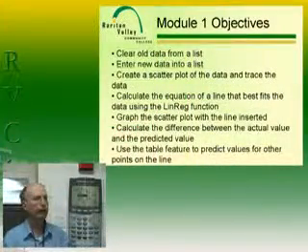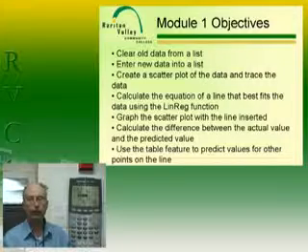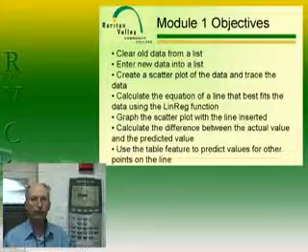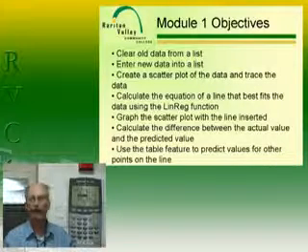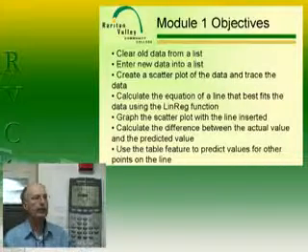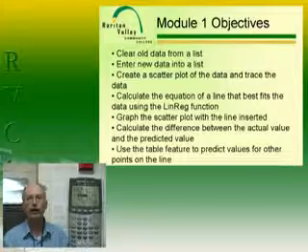So let's recap what we've done. First, we cleared some old data from the list 3 different ways, using the clear list function, using the clear all function, and by scrolling up to the label and scrolling down. Then we entered data into the list off of the stat and edit functions. We created the scatter plot, and then we traced the data. Then we calculated the equation of the line that fit the data using the linreg function.